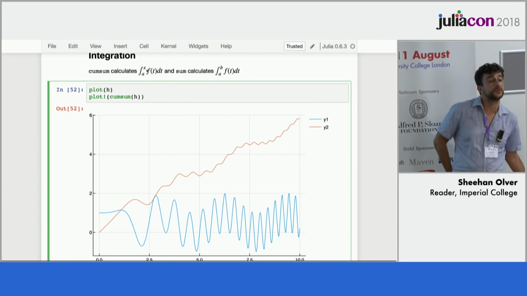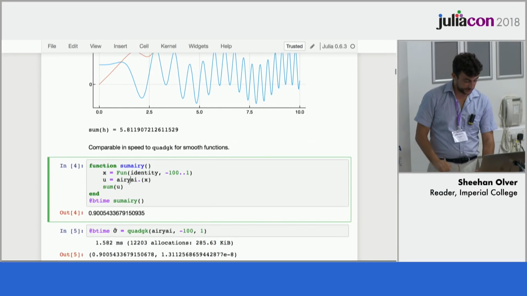We can see it matches our intuition: when the function is positive, the integral is growing, and when the function is negative, the integral is going down. Similarly, if instead of the indefinite integral I wanted the definite integral, that's sum.